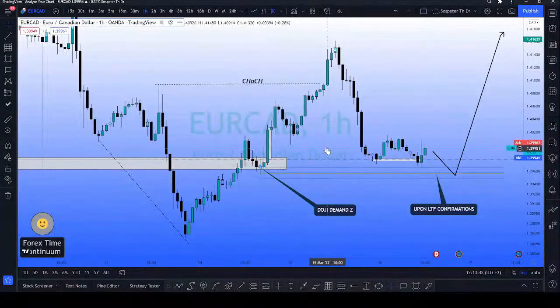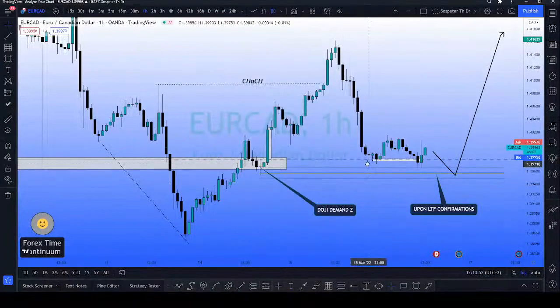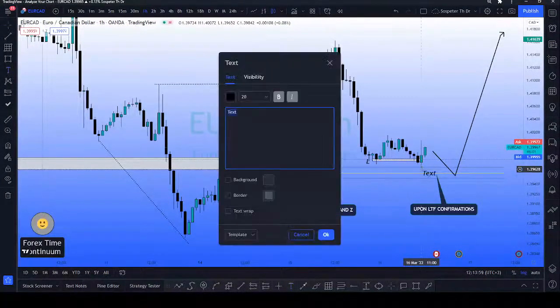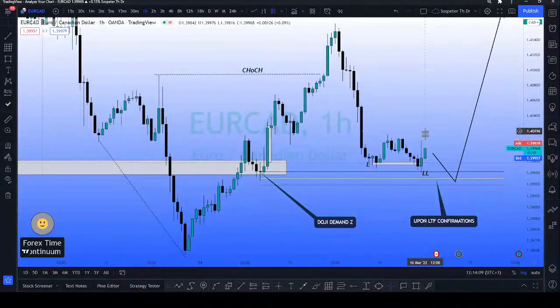It's that simple. You just wait for these, because the first low is usually for the impatient ones. Because you are a smart little trader, you have to wait for a lower low to be formed, and that way you're going to catch some good entries.